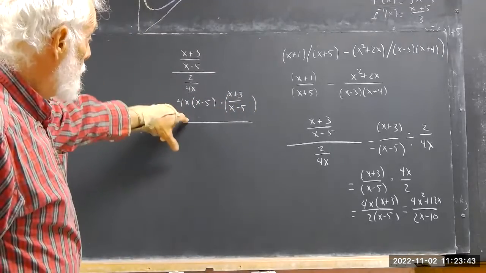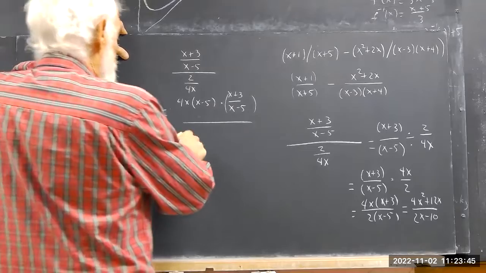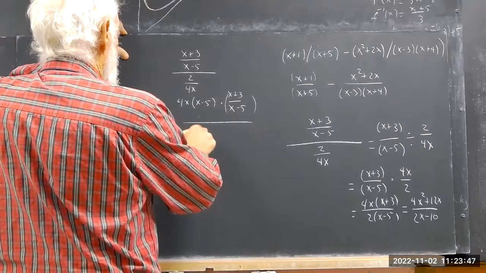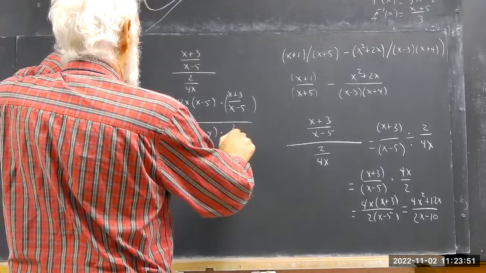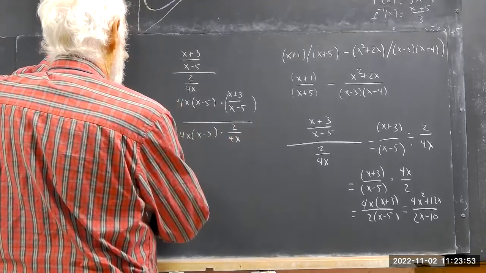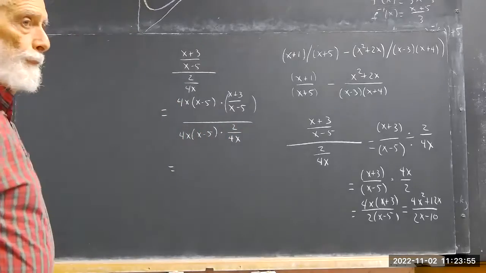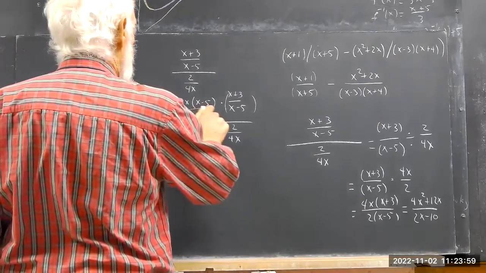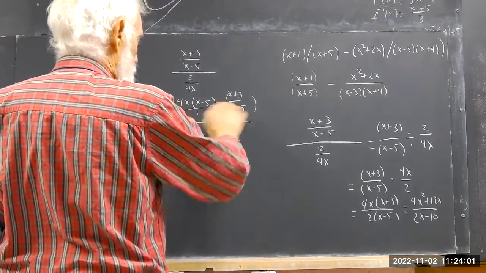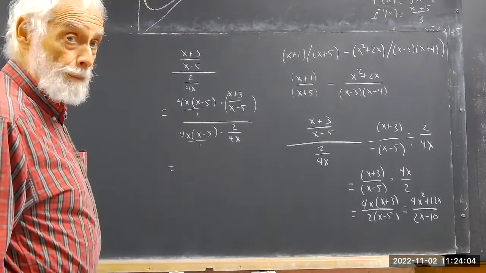So we can multiply the numerator by this and also multiply the denominator. Okay, so if you want, you can put this over 1. Keep track of your numerator and denominator.